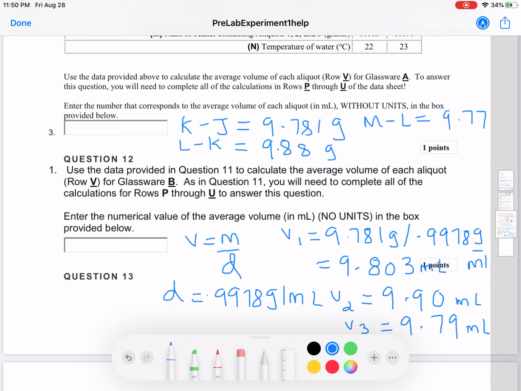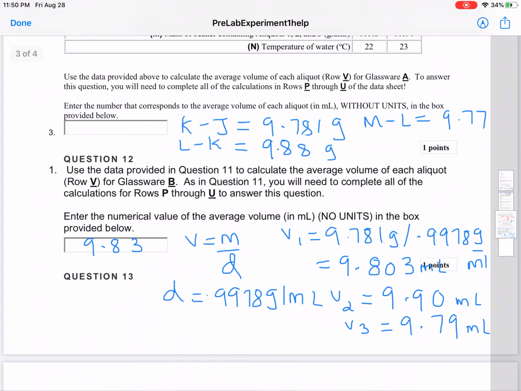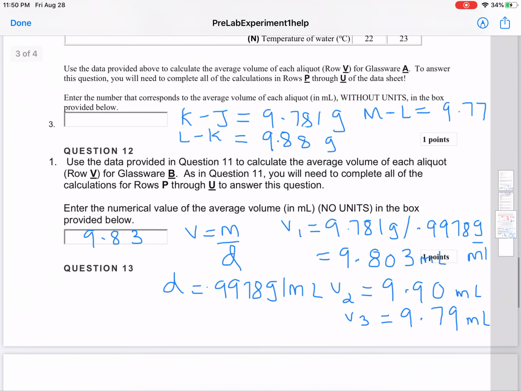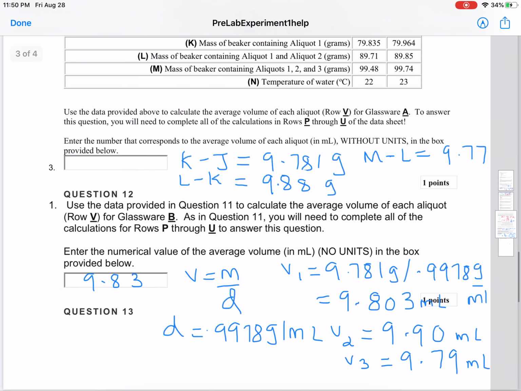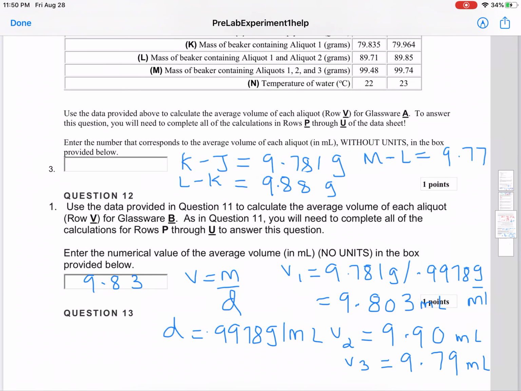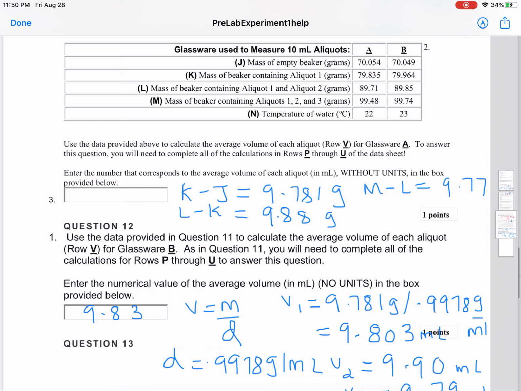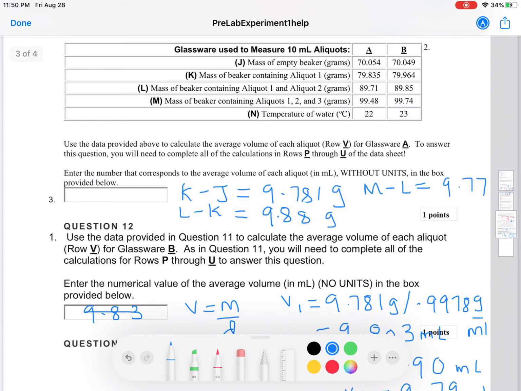You write it down here, 9.83, without the units. That's 9.83 for question 11. You don't write the units, okay.